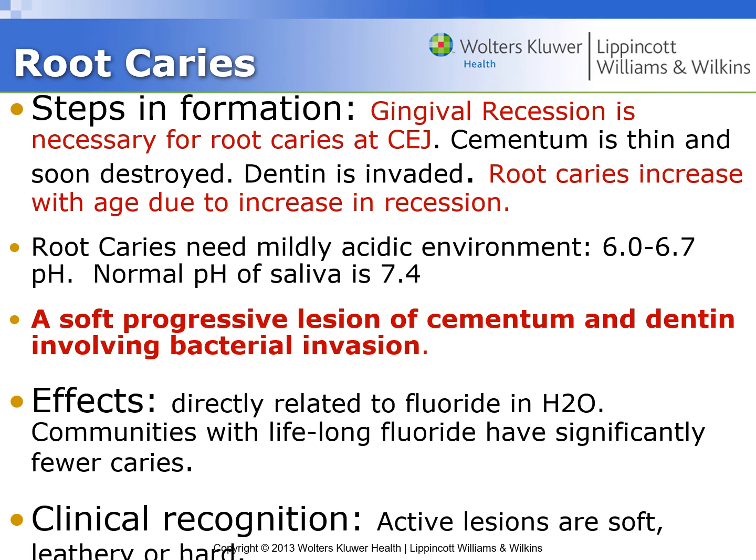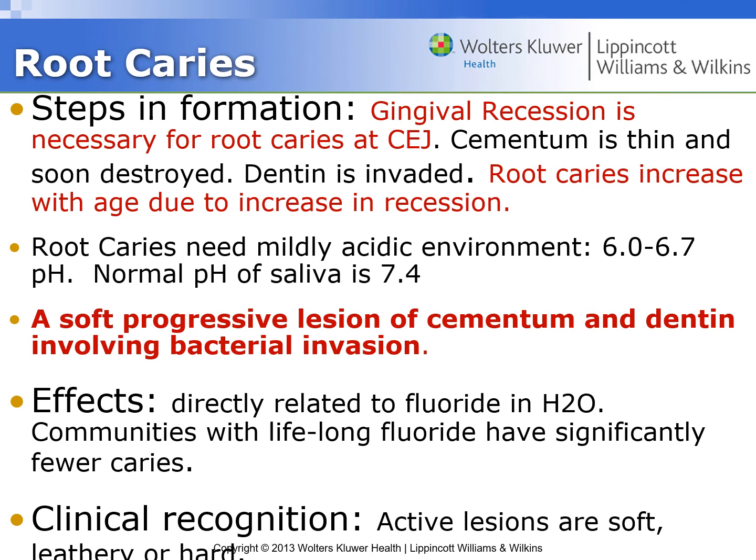Your gingiva has to be receded so that your roots are exposed. So it's at the CEJ, cementum is thin, and that's what's over your dentin. That cementum is thin and is very soon destroyed. The dentin is then invaded, and root caries increases with age due to increased recession in older folk.